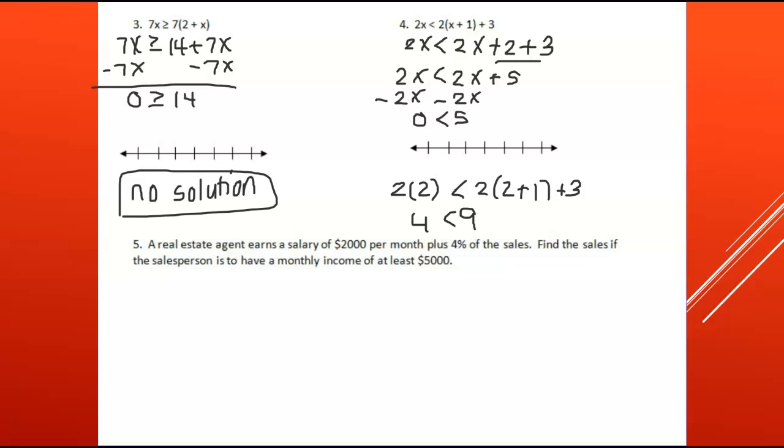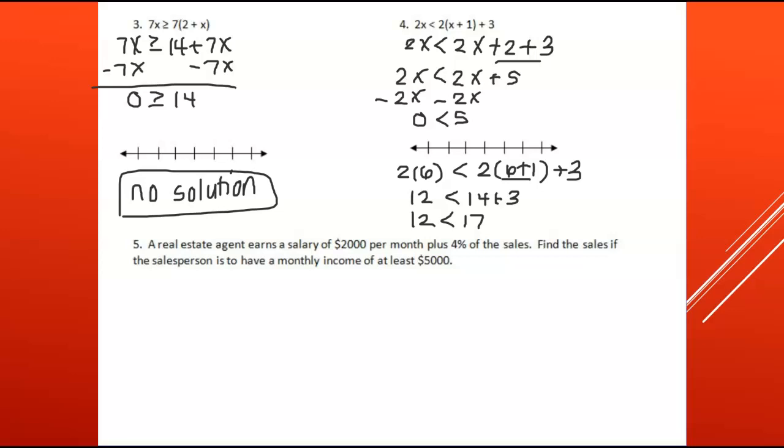So a number less than 5 worked. Just for the sake of my purposes, let's plug in a number bigger than 5. Let's plug in 6. That's 7. 7 times 2 is 14. 14 plus 3. So a number bigger than 5 worked.